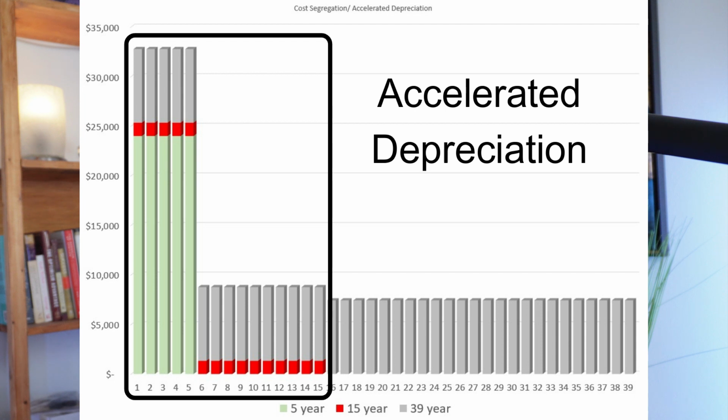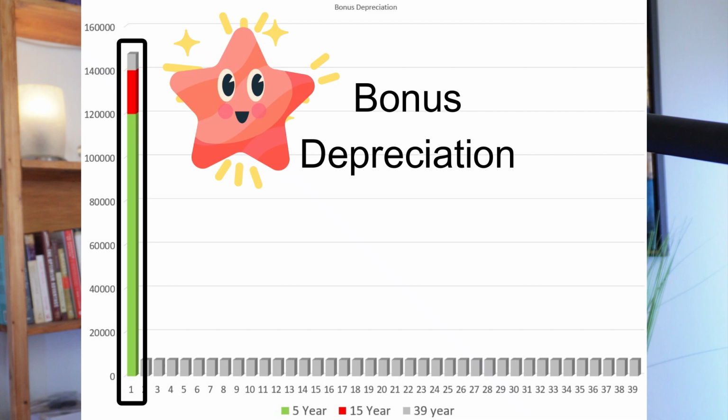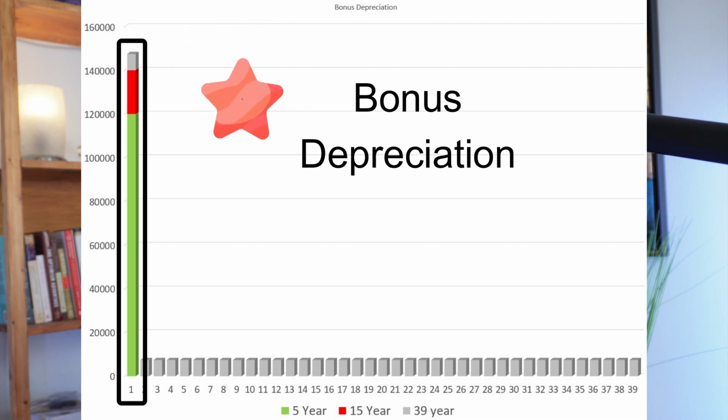So this is a massive way for you to receive tax savings. Instead of receiving your tax savings over a 5-year, 15-year, or even a 39-year period, you're able to receive much more of your money upfront so that you can reinvest or reach your financial goals faster.